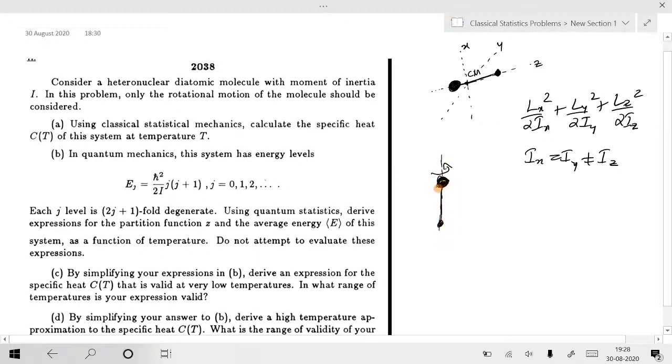Here I have taken some distribution of the mass, but atoms are very point-like particles, isn't it? So there is no distribution of mass about the axis of rotation. That's why the rotational energy about this axis is zero. So my energy is equal to Lx square by 2I plus Ly square by 2I, because Ix equals Iy, I can write 1 by 2I times Lx square plus Ly square.